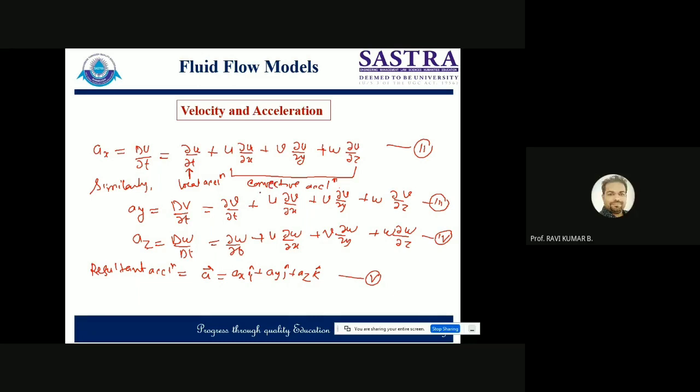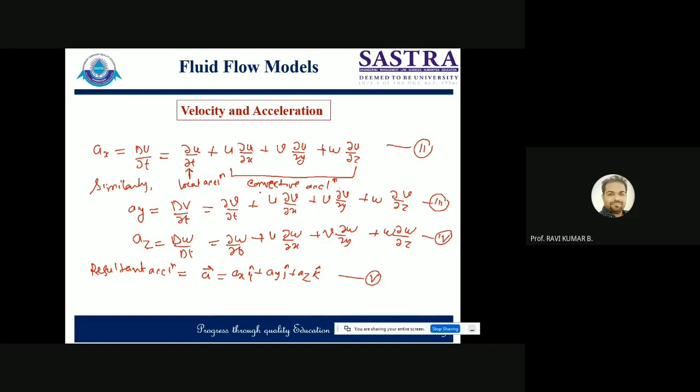I think this will be very easy, and based on this simple formula, numerical problems will be asked. In fluid mechanics, you might also have done some problems based on this. So don't make any mistake. This is very simple. When you are calculating total acceleration for a three-dimensional flow geometry, it will have two components: local acceleration and convective acceleration.